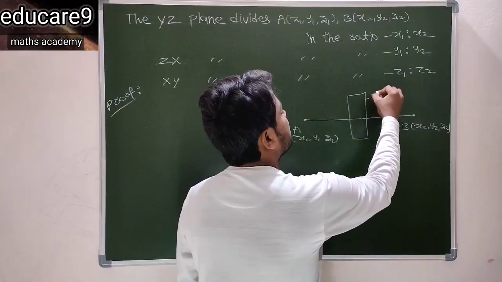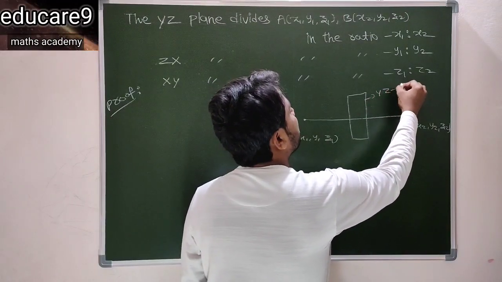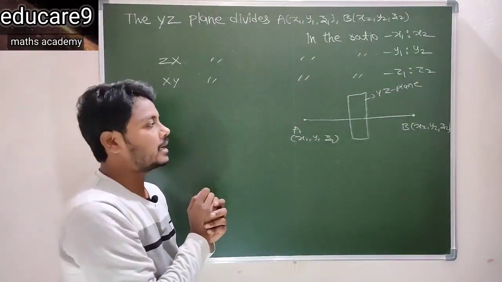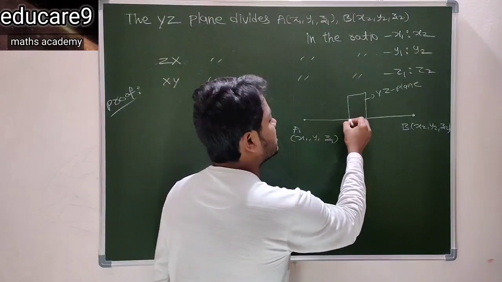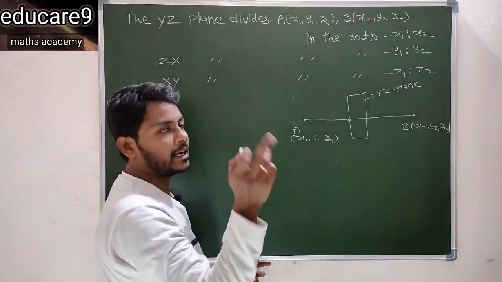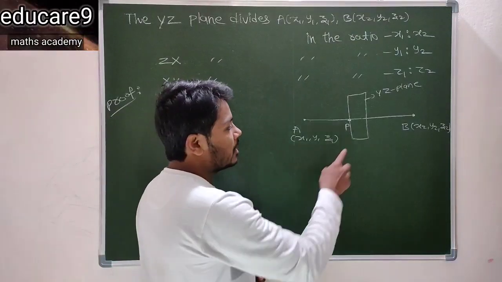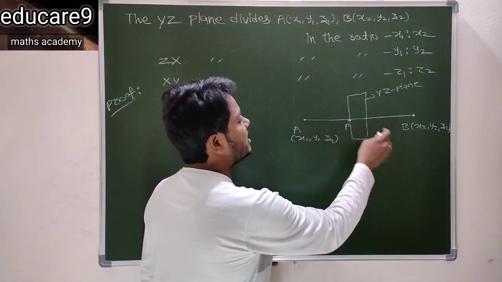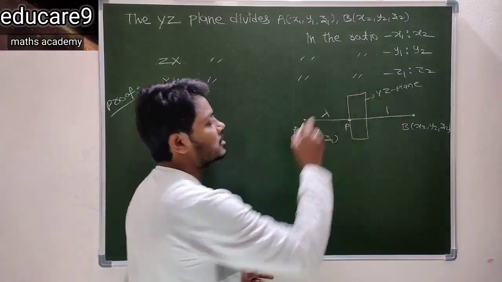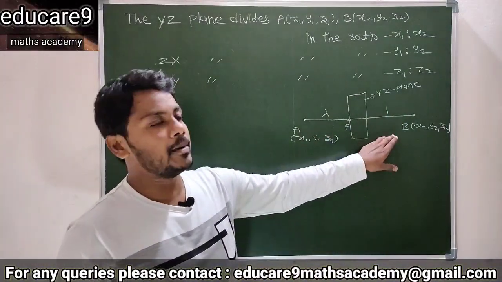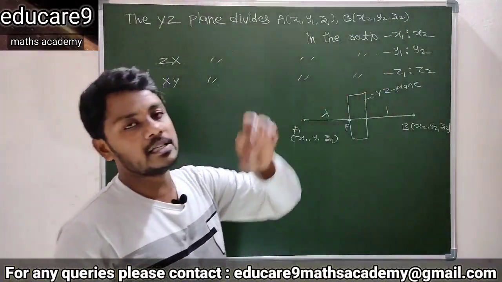This plane divides the line segment AB. This is the point of intersection of the plane and the line. Suppose that is P. Now this P divides AB in the ratio some lambda is to 1. So the yz plane divides the line segment AB in the ratio lambda is to 1.